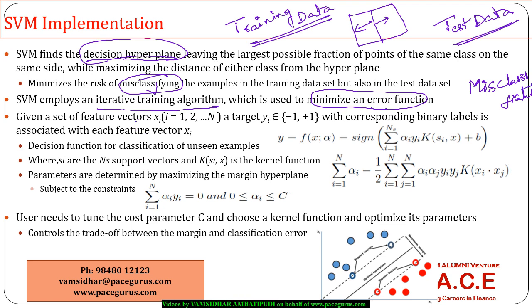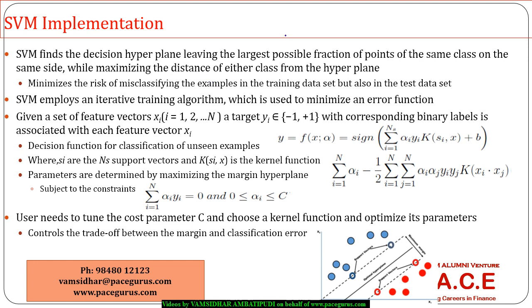So if you look at it, the transformations are applied in such a way. If you look at the features, xi is a set of features, right? So now we are trying to do a classification based on various features. Let's say I want to classify the defaulters versus the non-defaulters based on age, the amount of loan, and gender.